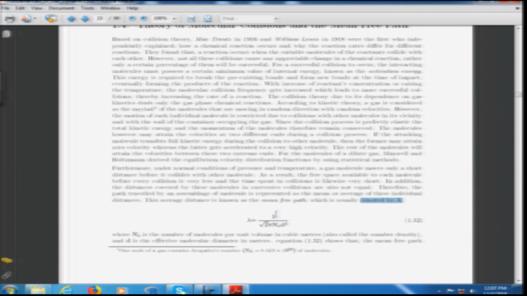So here, this expression shows that when the diameter is small, that is, the size of the molecule is lower, the mean free path is more. What it says is that if the size of the molecules is lower, then the frequency of collision is lesser.